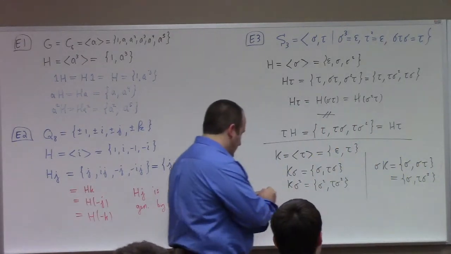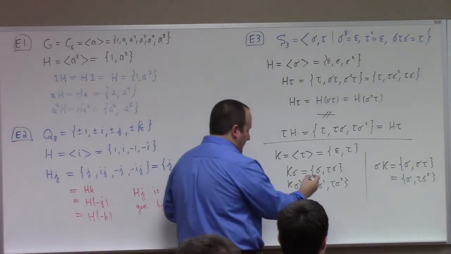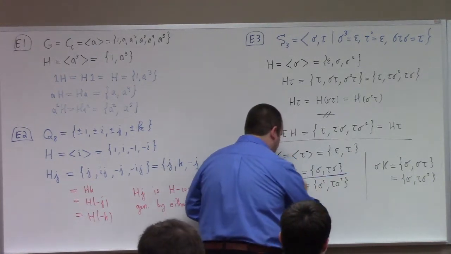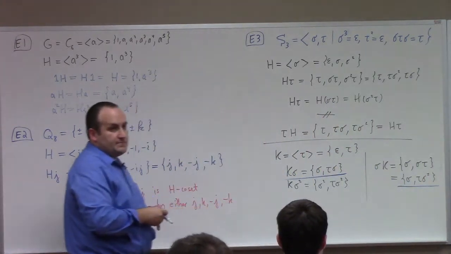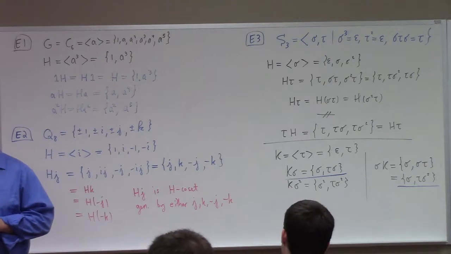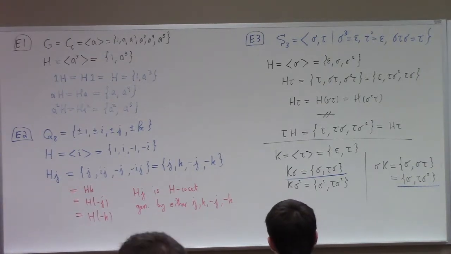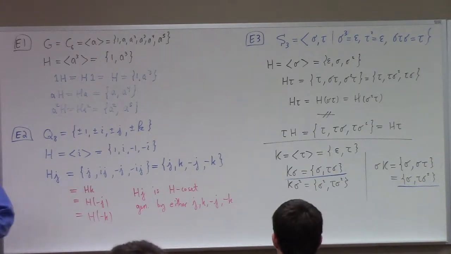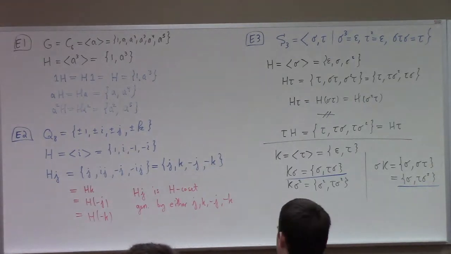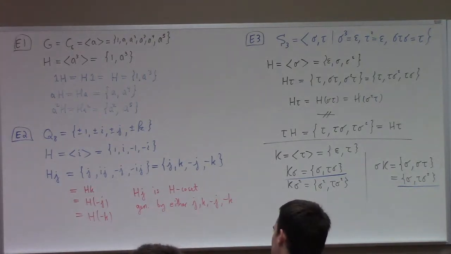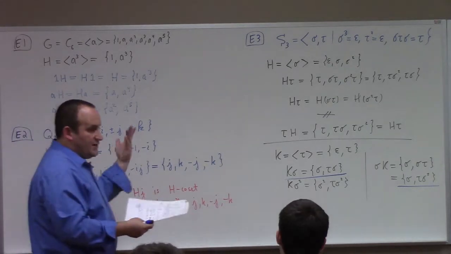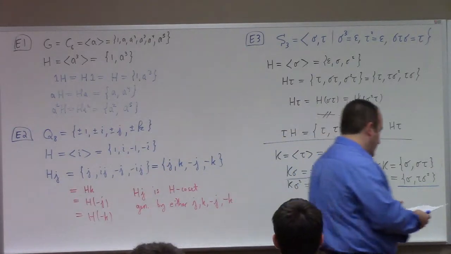So you can see that the right coset generated by sigma is not equal to the left coset generated by sigma for this subgroup. Just because it happens for one subgroup doesn't mean it's going to happen for all. Okay, anyway, so I just want to give you some concrete calculations of cosets before I start telling you theorems. One of the things you might notice in all of our examples so far, I've got two more examples, is that the union of the cosets is the whole group, right? Do you see that?